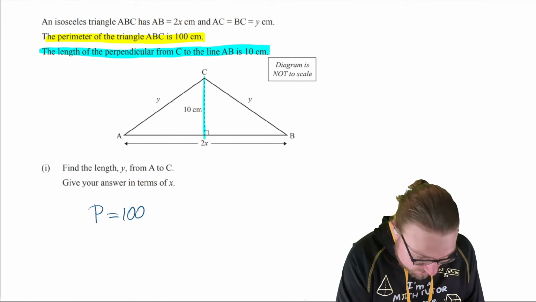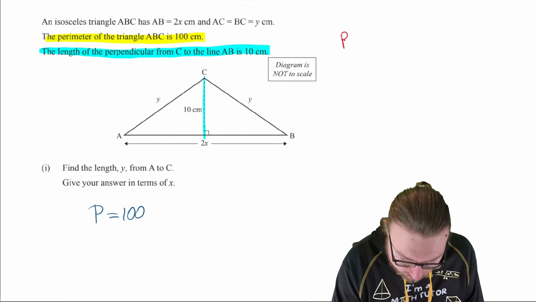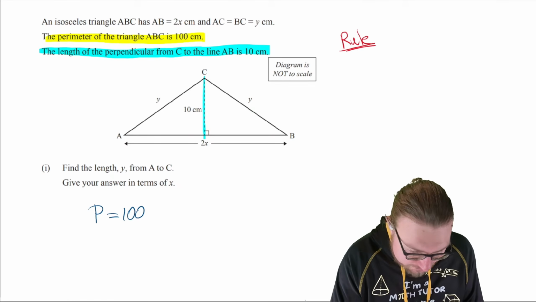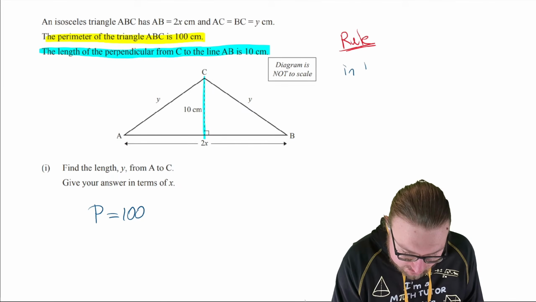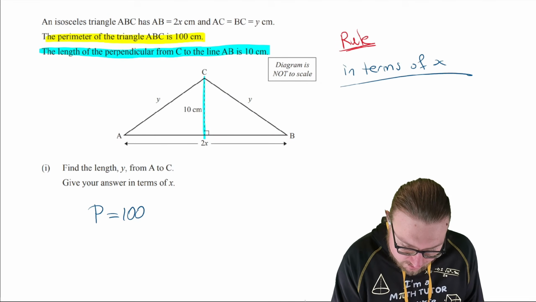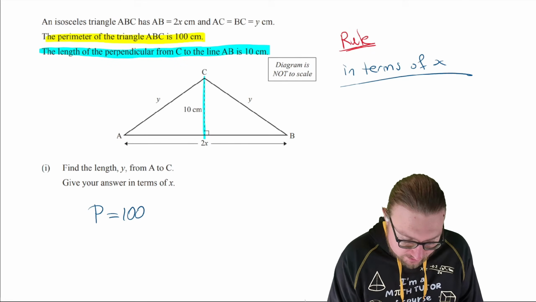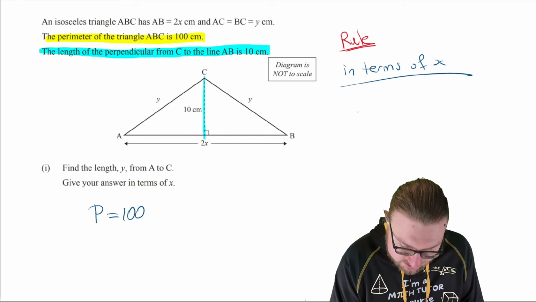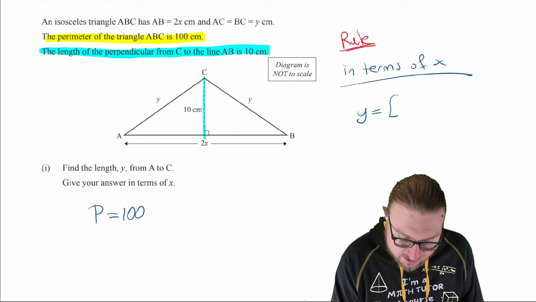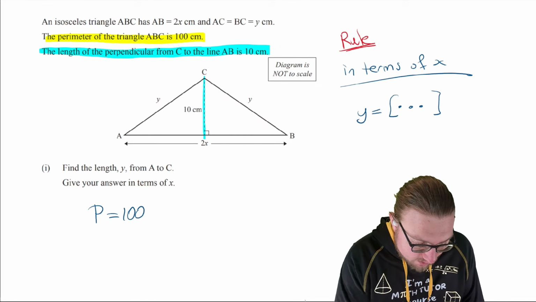And this is kind of one thing that a lot of students don't remember, and that is, what does it mean in terms of? Yeah, so in terms of x means we want to find a formula. Yeah, we want to find y, so we want to have y equals, and whatever we have here, this part here is allowed x's.